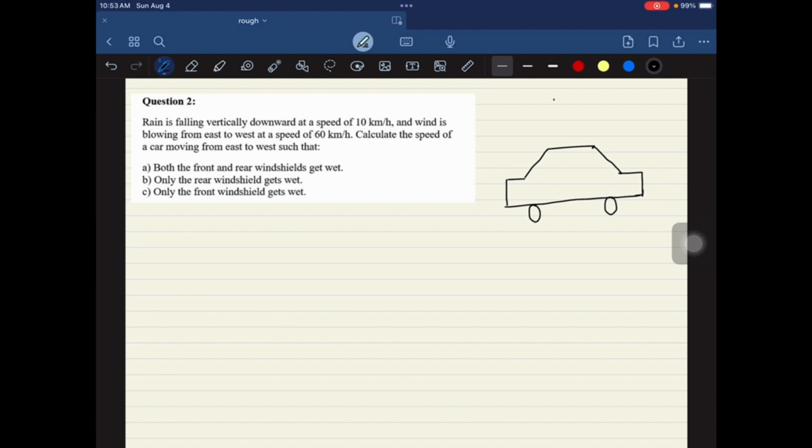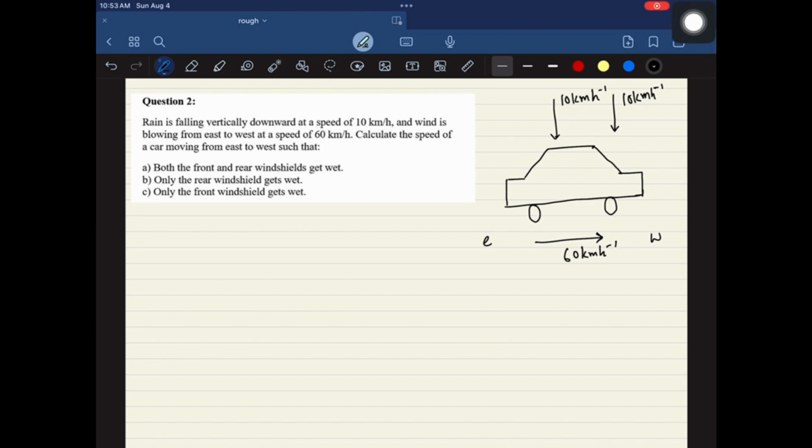And wind is blowing from east to west. Here is east and here is west. So the east to west wind is blowing at 60 km per hour.